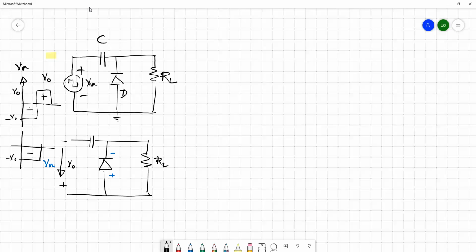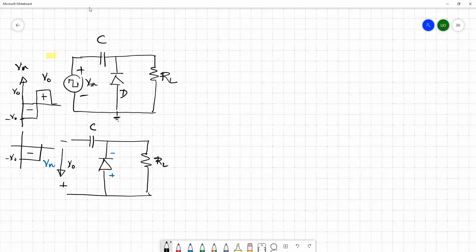Let's assume for the time being that we have this capacitor and a resistor. If you think of a situation where you don't have a diode, then you have a capacitor and a resistor in the circuit, so we can say that a kind of RC circuit appears here.